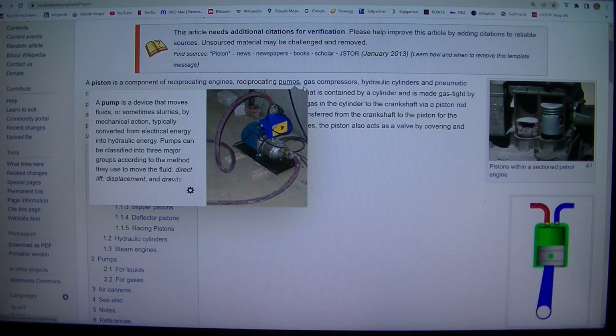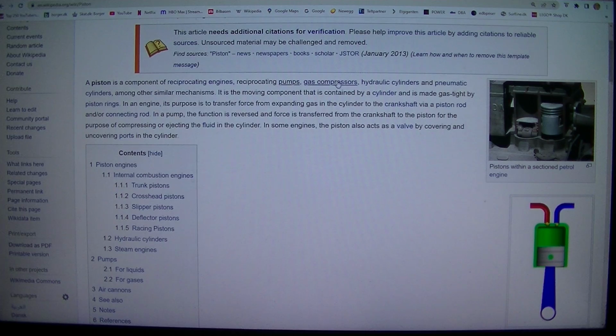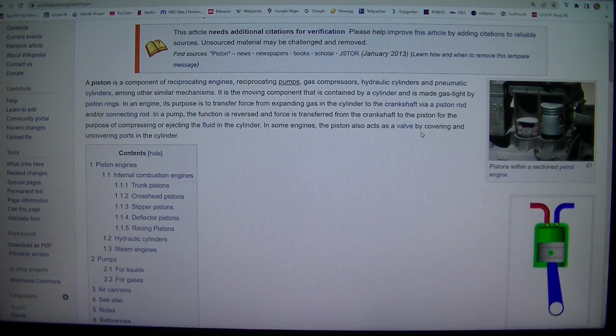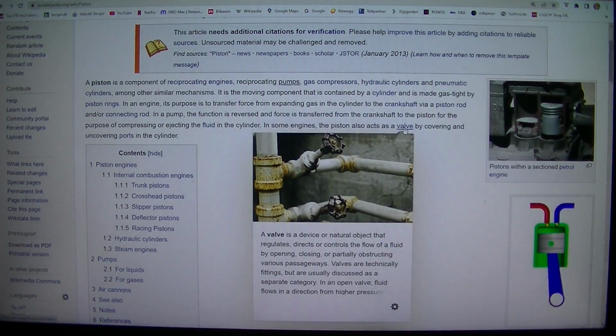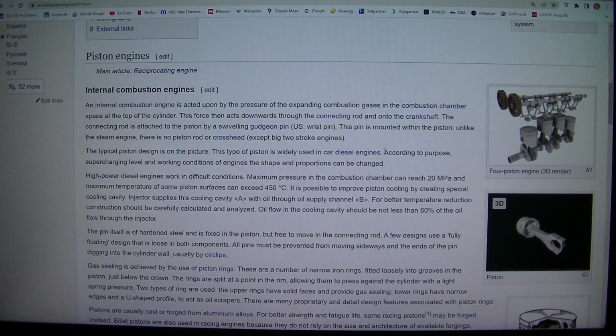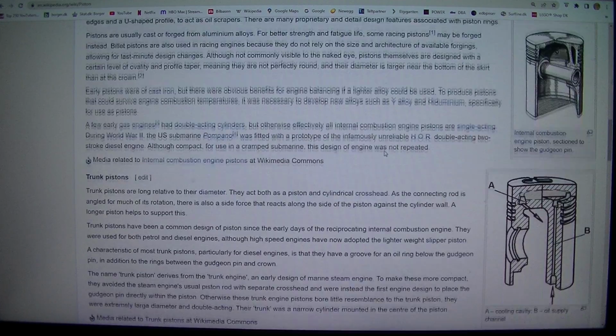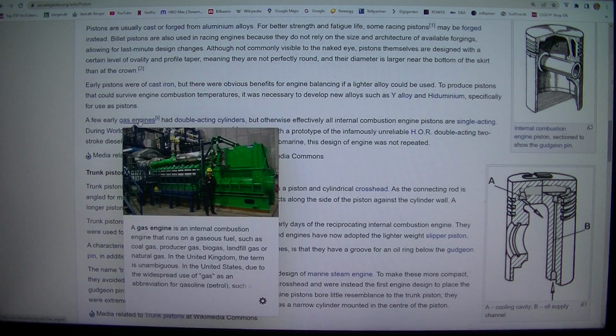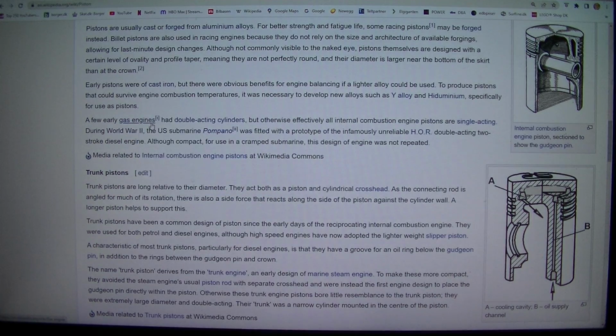Should we read about pumps? Why not? And a valve. Gas engines.